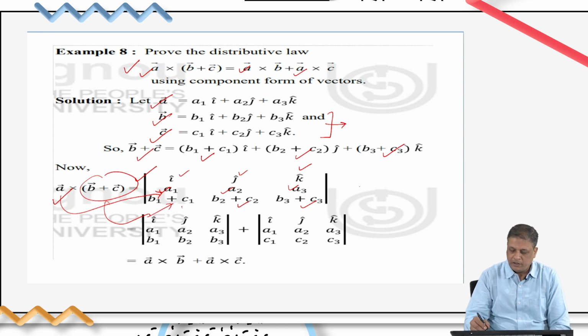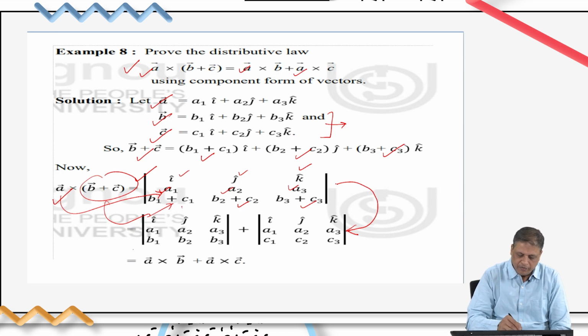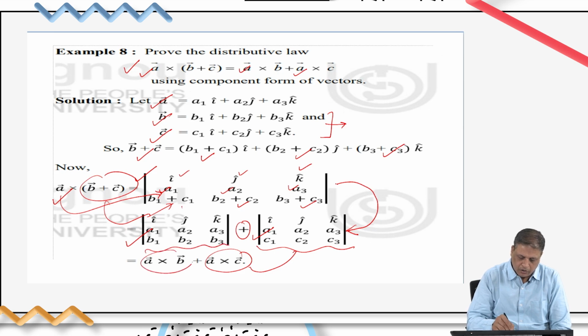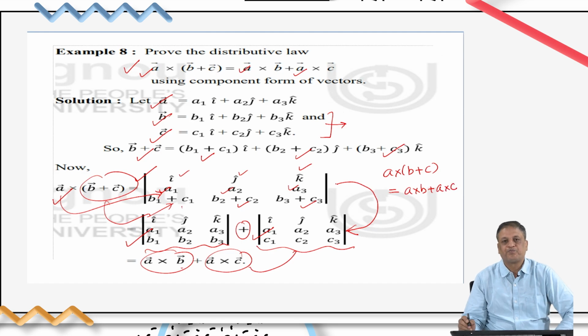We learned that by applying the properties of a determinant, this determinant can be written in this format, wherein the components B and C are segregated, and we got the expression: determinant i j k, A1 A2 A3, B1 B2 B3 plus determinant i j k, A1 A2 A3, C1 C2 C3. So, this represents A cross C and this represents A cross B, and we have proved that A cross (B plus C) can always be expressed as A cross B plus A cross C.